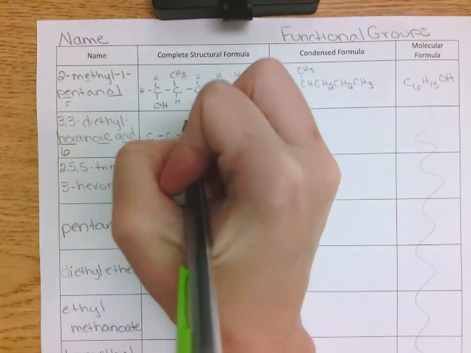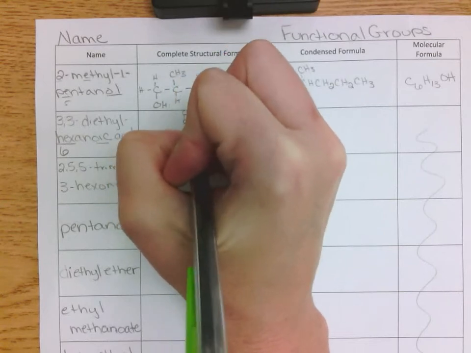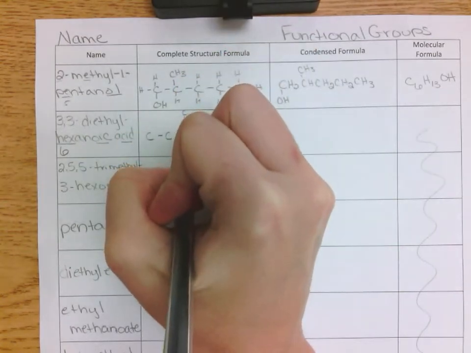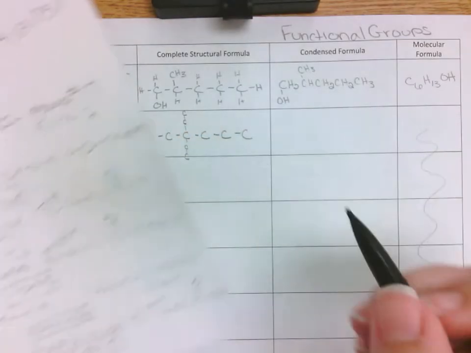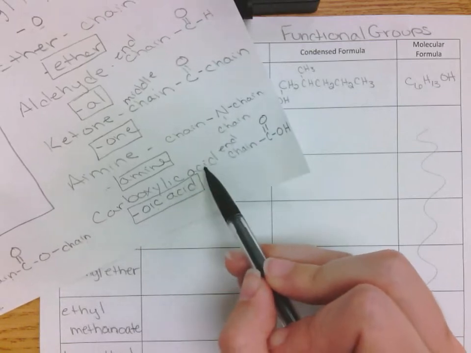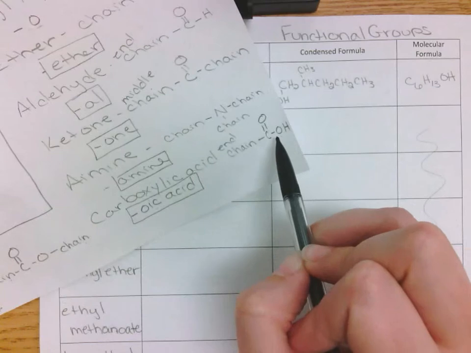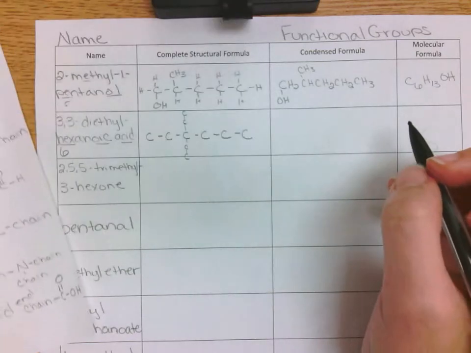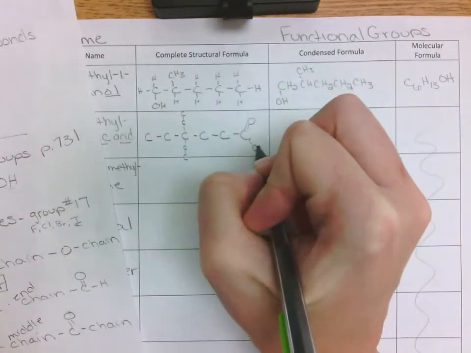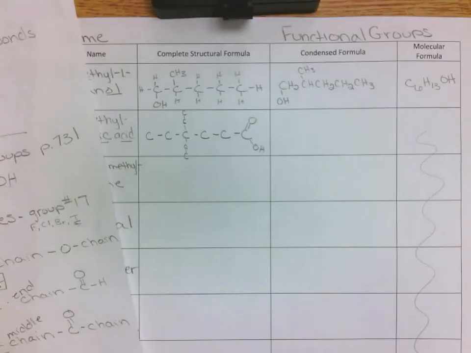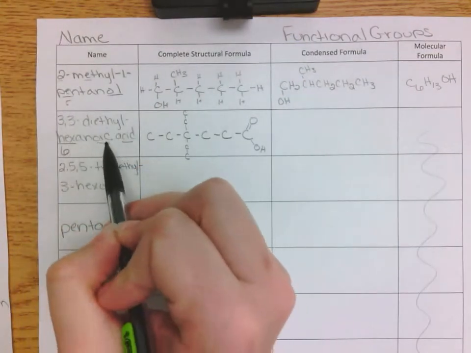So on the third carbon, I'm going to have an ethyl group. That's 2 carbons. Oic acid, so going back to my functional groups, carboxylic acids are on the end of the chain. It's a double bonded oxygen and a single bond OH on my last carbon. So I'm going to put a double bonded oxygen and a single bond OH. Alright, so that takes care of my 3,3-diethyl, my oic acid.